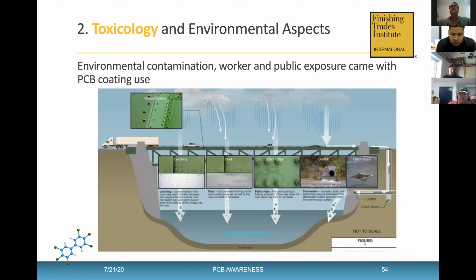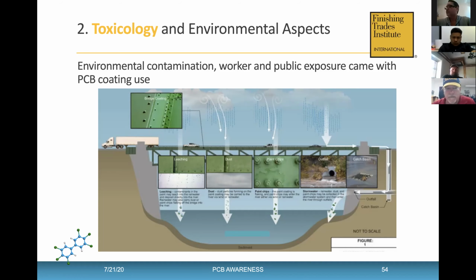Dust. So, how does dust get produced? Vibration constantly, right, over the bridge. Paint chips, so it starts to deteriorate. Maybe the owner of the bridge, the municipality, doesn't keep it up well, so more paint chips fly off. That's a similar method to dust, but in bigger chunks. Stormwater.